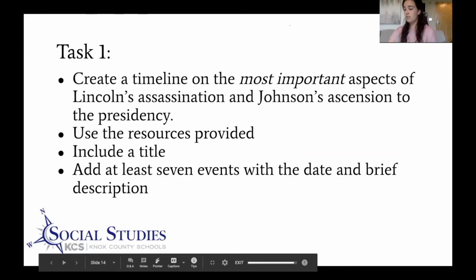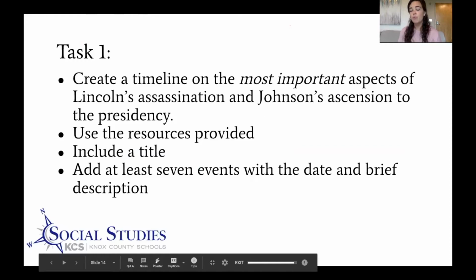So I also included this reading on Andrew Johnson becoming president and a timeline of Abraham Lincoln's assassination. So the task says create a timeline on the most important aspects of Lincoln's assassination and Johnson's ascension to the presidency.